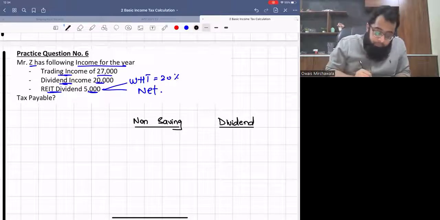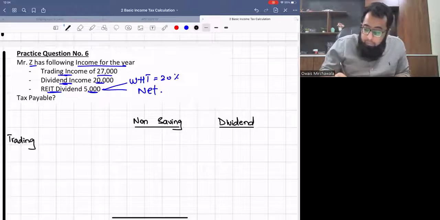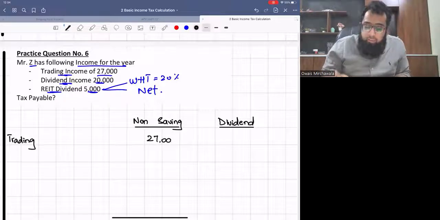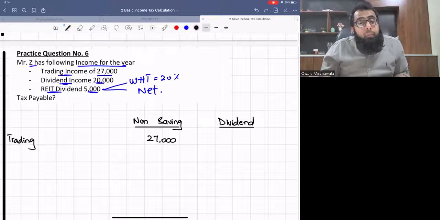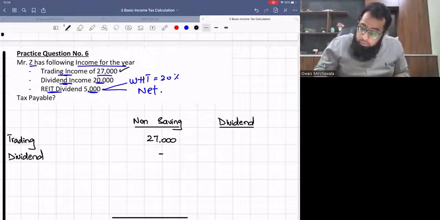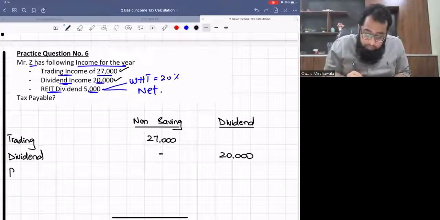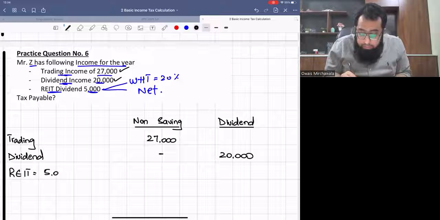Okay, now, trading income 27,000 goes as it is in non-saving. Dividend income 20,000 goes in head of dividend, and then there is REIT. On REIT, there is 20% withholding.